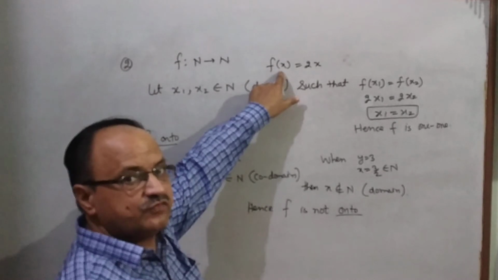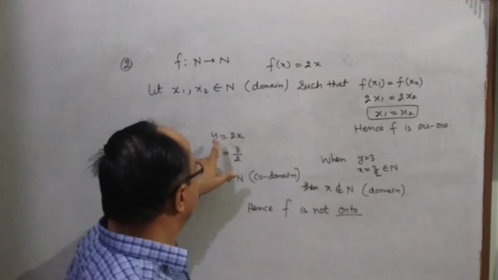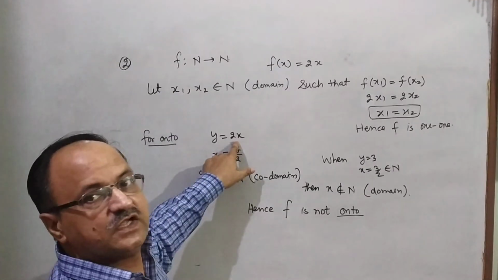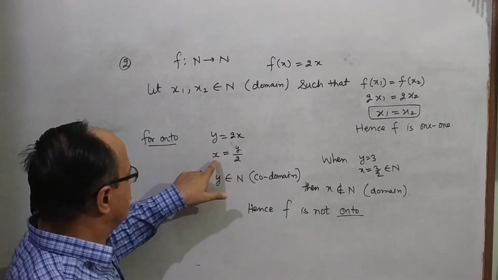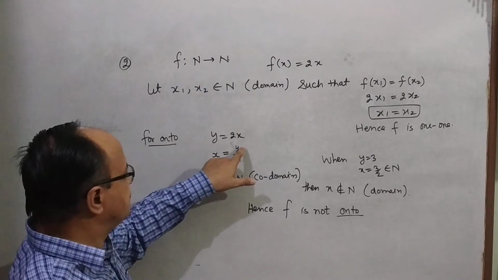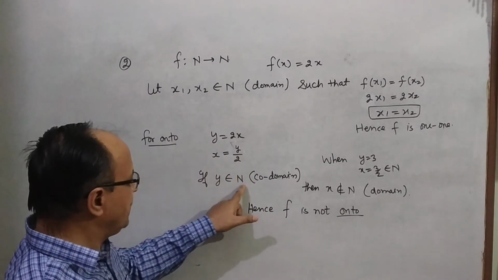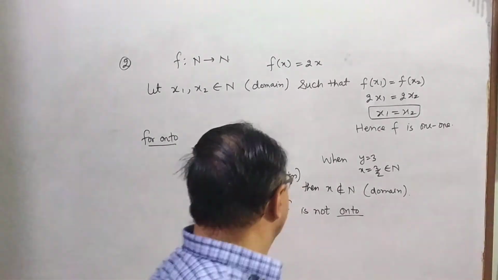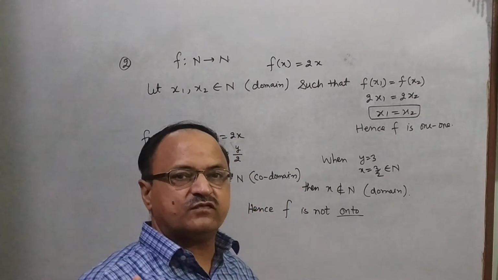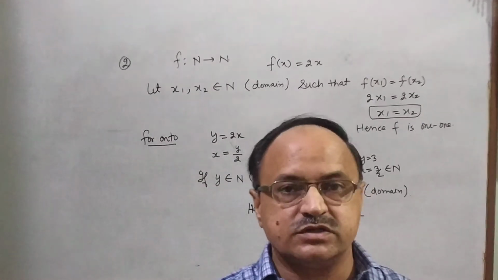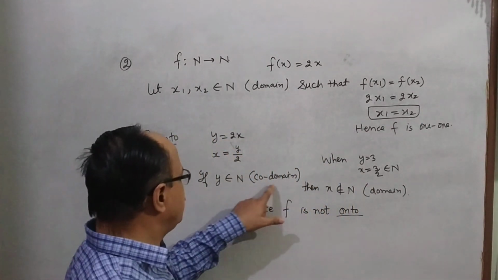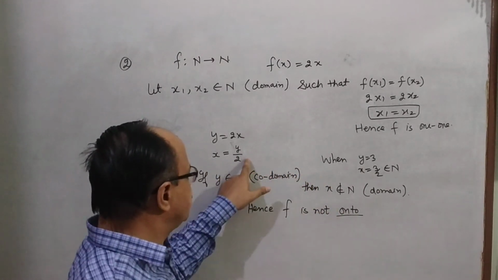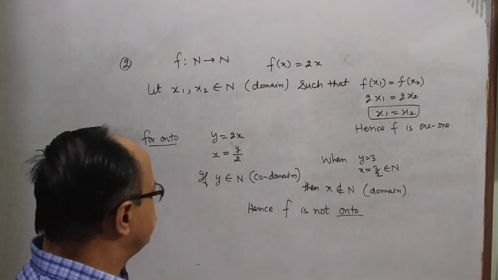And for onto, put y in place of f of x, so y is equal to 2x, and express x in terms of y. Then x is equal to y by 2. If y belongs to the codomain N, because we want to check whether every element of the codomain has some image in the domain, then when you put 3 here, it becomes 3 by 2, which does not belong to the natural numbers.